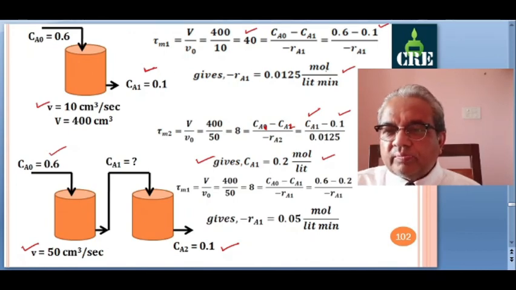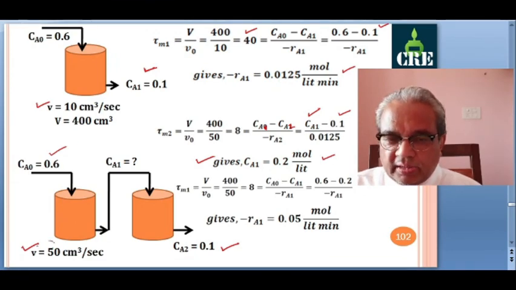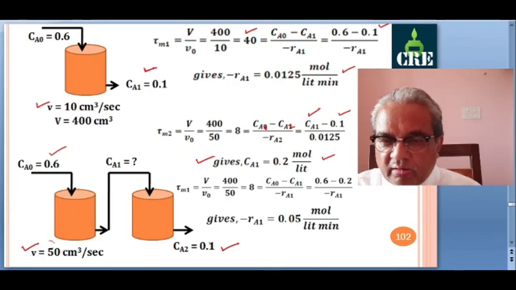What we got is minus Ra1 evaluated at the exit concentration, meaning 0.1, and that is 0.0125. Okay. When we are now considering this 50, we note this change. So Ca2 is known, but Ca1 is not known. So for this second mixed flow reactor, I am applying tau m2.